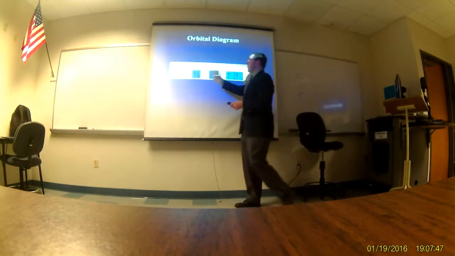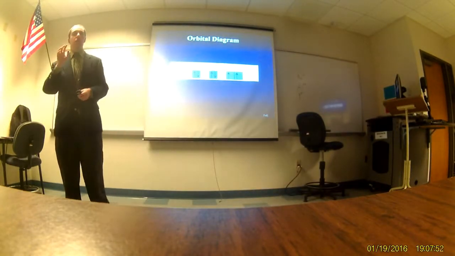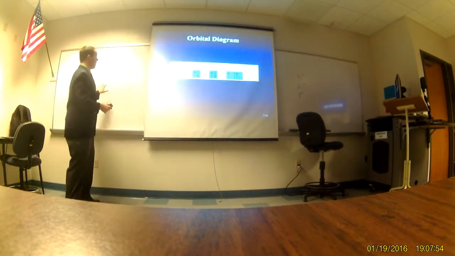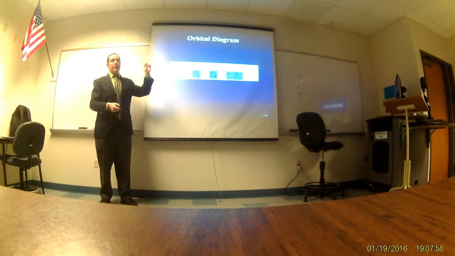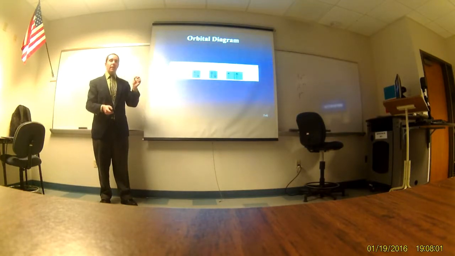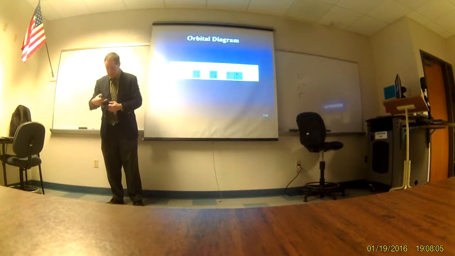So this is what I mean by we're going to start filling orbitals. There are a few different ways that we're going to write this out. This is the first one. This is called an orbital diagram. Orbital diagrams have boxes and arrows.